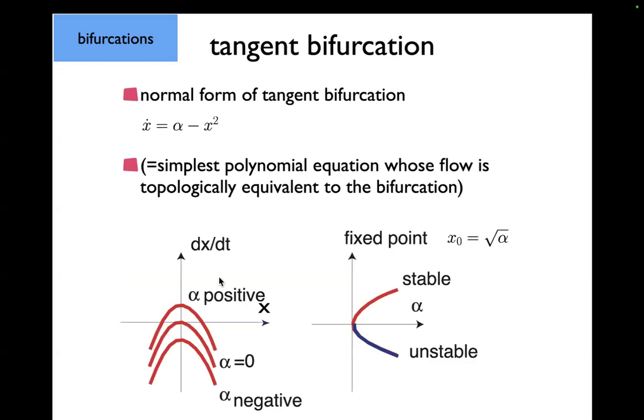And so here in this case, here's a more local form. That's sometimes called the normal form. This is the polynomial equation with the smallest number of terms that has that bifurcation. So that's just a negative parabola. These are negative parabolas, and you add a constant. And when that constant is zero, that's exactly when you get this negative parabola, minus x squared, that you might all be familiar with. And there you see it's just tangent.